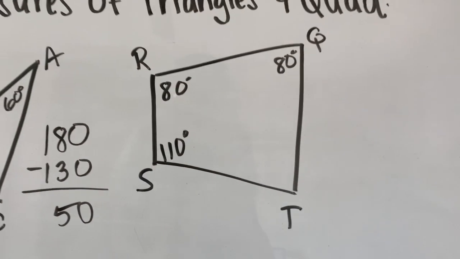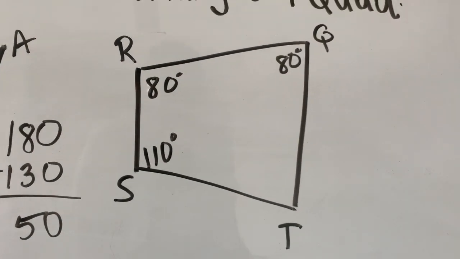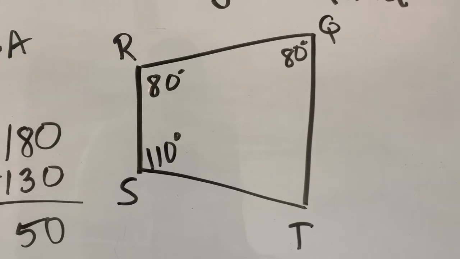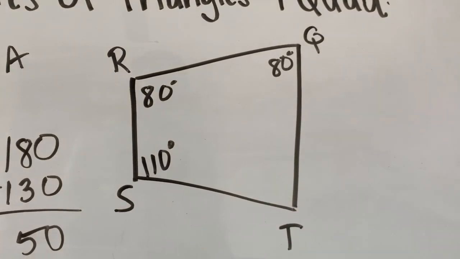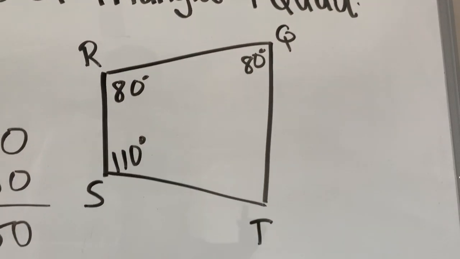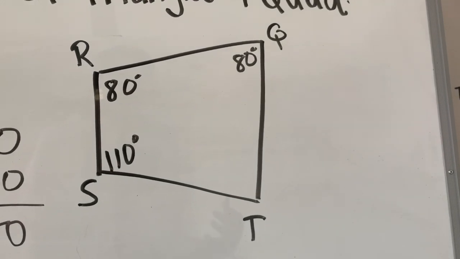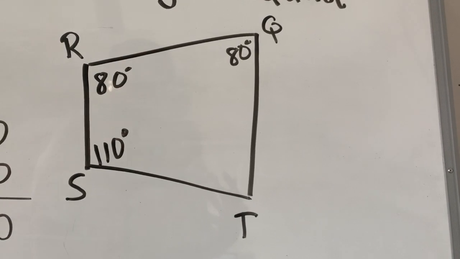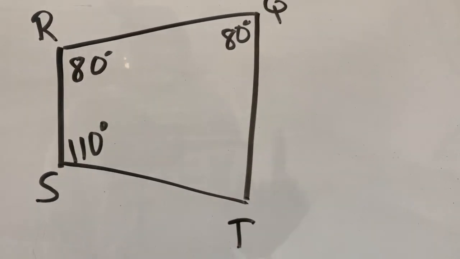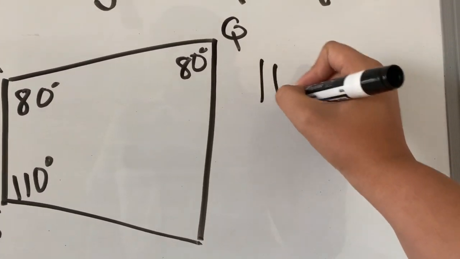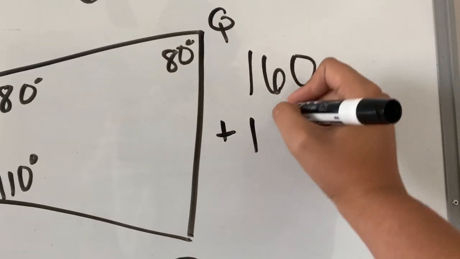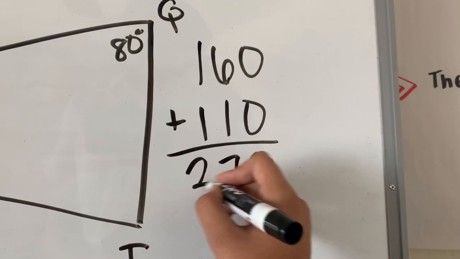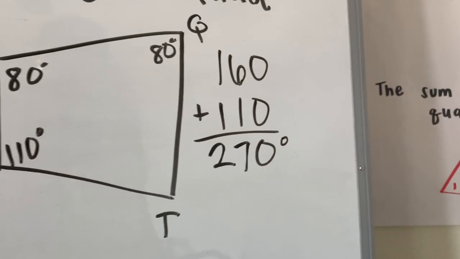Let's move on to this quadrilateral. Quadrilateral Q, R, S, and T. I know 3 of them. I'm missing 1. What do I know about the sum of the angles of a quadrilateral? That's right, they add up to 360 degrees. So now, if I do 80 plus 80, I know off the top of my head, 80 plus 80 is 160 plus 110, 270.